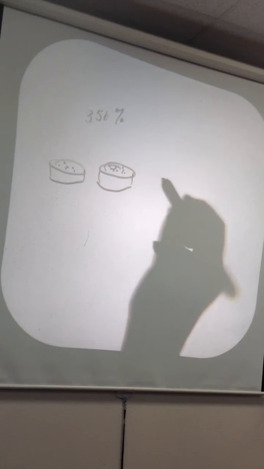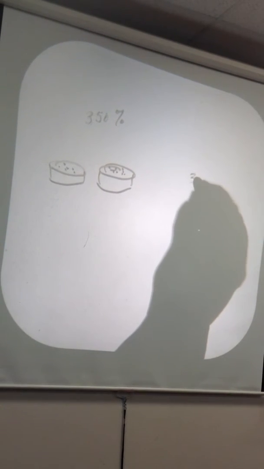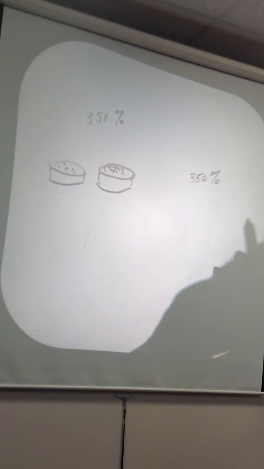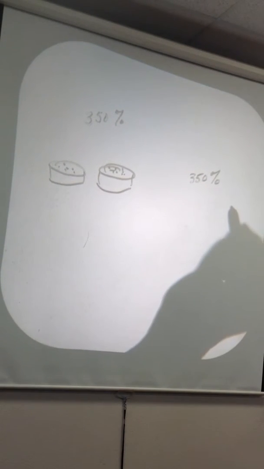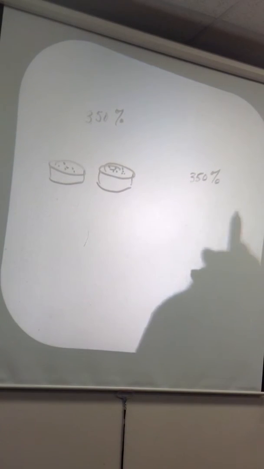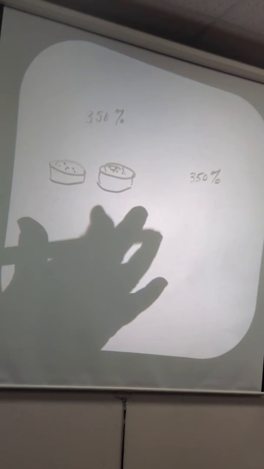And when morning comes, I don't even have enough room on here to put it. They're going to have 350% more than this. Okay? So what percent of this would be? And as Emma says, it is 450%. Here's the 100%, and it increased by 350%.